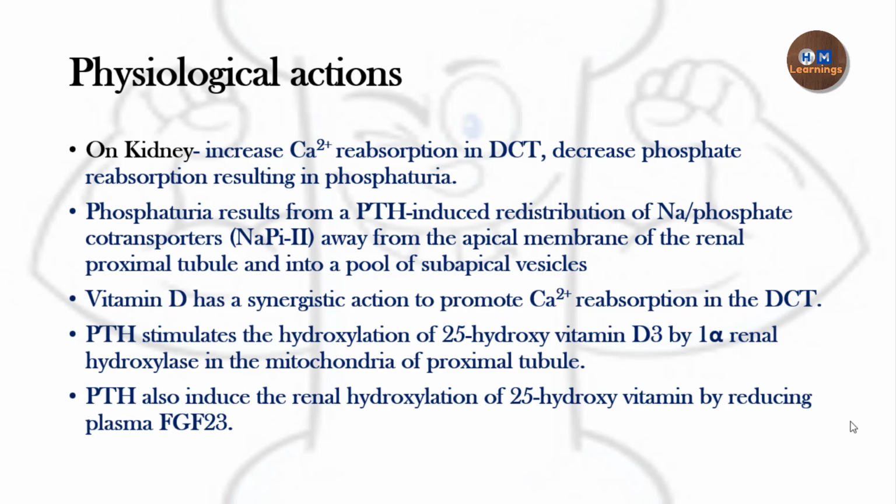Now another factor which is very important to remember here is fibroblast growth factor 23. This fibroblast growth factor is released by the osteocytes, and it acts on the kidney to decrease the hydroxylation of 25-hydroxy vitamin D.